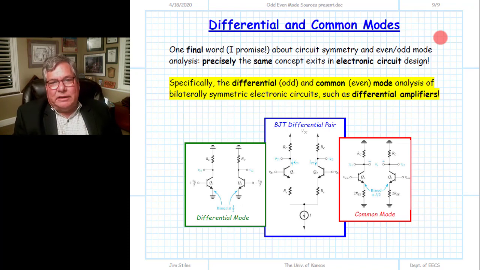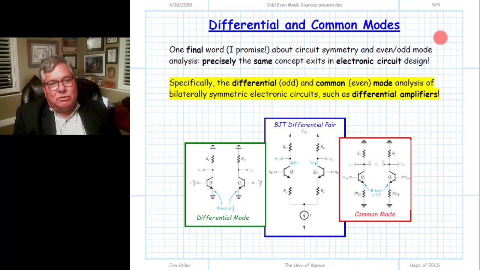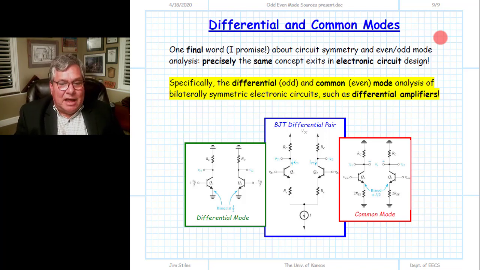I alluded before that perhaps you've seen a similar concept in your circuit analysis. In microwave engineering and passive linear circuit engineering, we talk about this symmetry analysis as odd mode and even mode analysis. In electronics, we have a similar concept, actually the exact same concept, but there it is generally spoken of with respect to common mode, which is the even mode, and differential mode, which is effectively the odd mode.